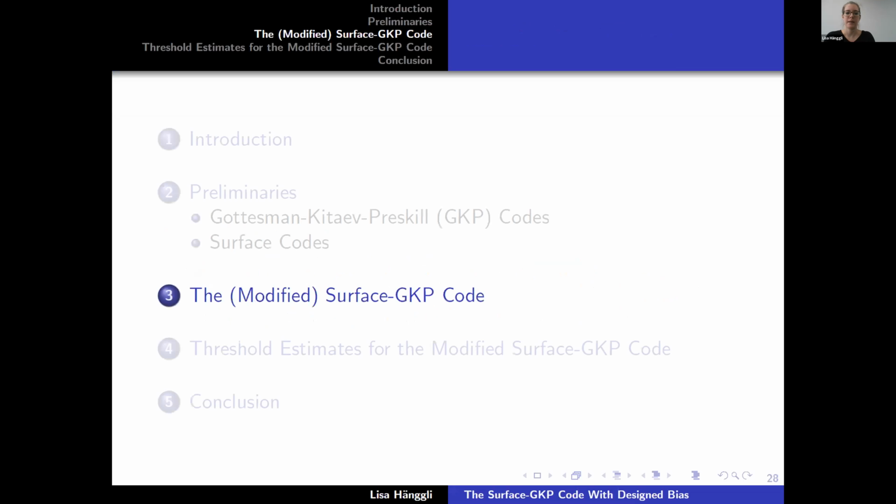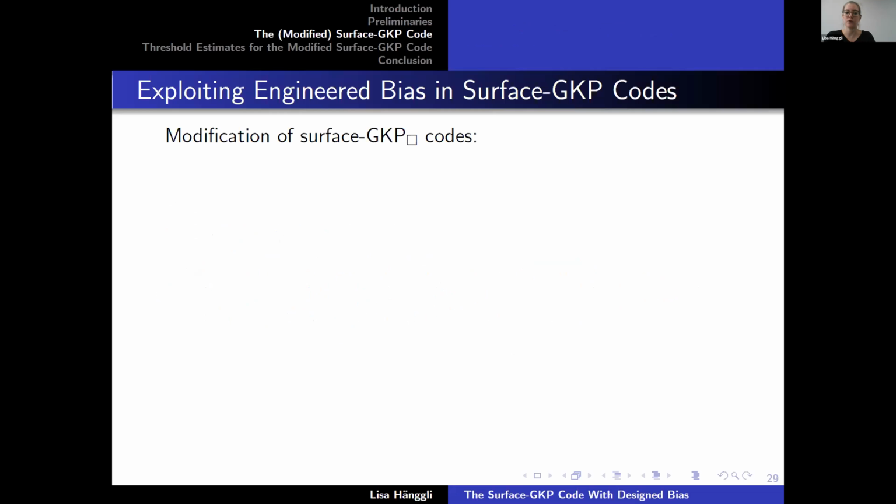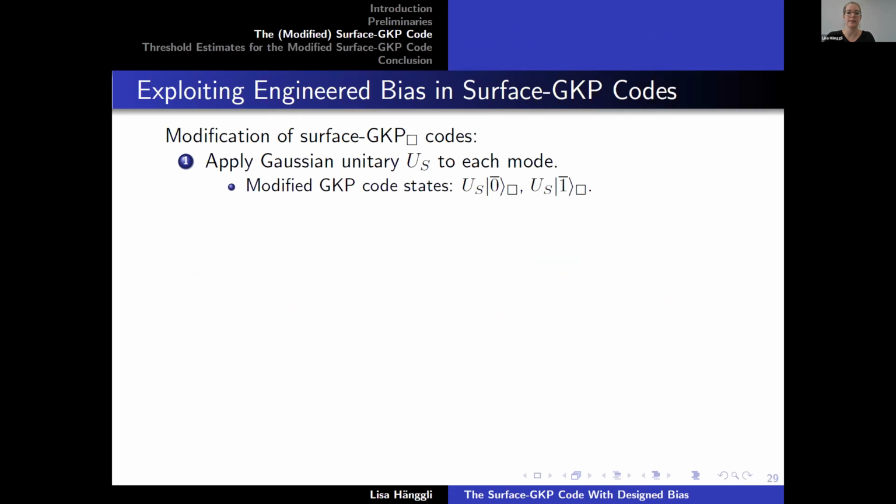Okay, good. So now, to tap into the potential of the surface code to correct biased errors, we make the following modifications of the typical square lattice Surface-GKP code. Namely, firstly, we apply a Gaussian unitary to each mode, which corresponds to performing a symplectic transformation of the lattice, and which yields the modified GKP code states given here. And in particular, it maps isotropic Gaussian noise on the level of modes to biased noise on the GKP qubit level.